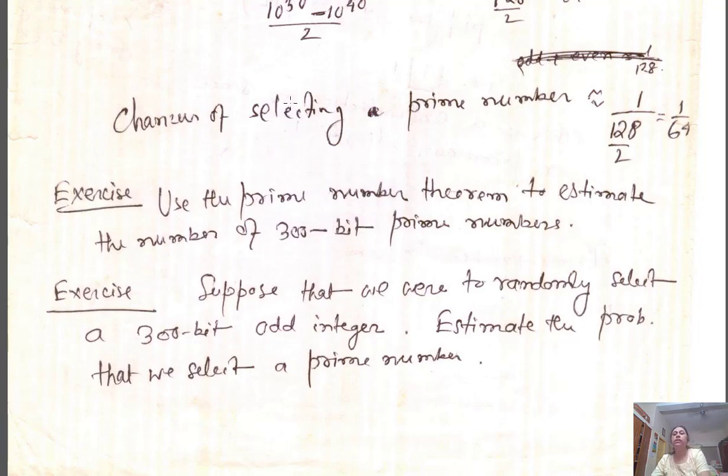In factorization-based cryptosystems, for RSA we will see we choose a 1024-bit prime number. How to choose that? What is the probability that it will be a prime number, and how can we be sure it is a prime number? So how to check the primality of an integer? Those things we will learn.